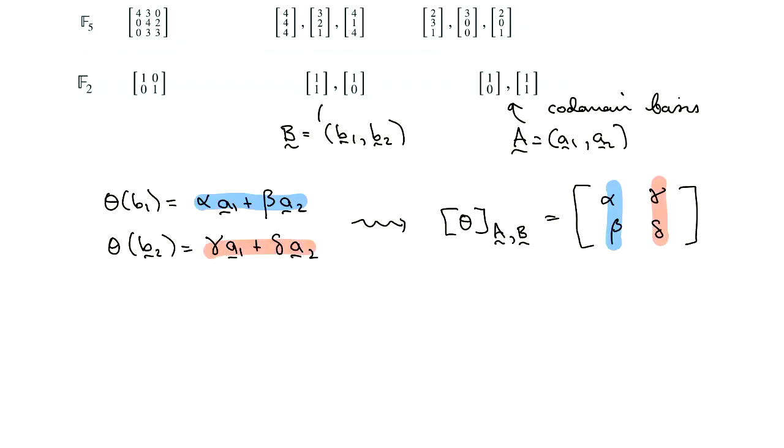So we just have to do the calculation. Theta of B1 in the first example, we've got an explicit matrix. Oh, it's the identity, but that's okay. There's always something too simple in all of these questions. We're going to find the matrix representation of the identity with respect to these two different bases, and it's not going to be the identity anymore because the bases in the domain and codomain aren't the same.